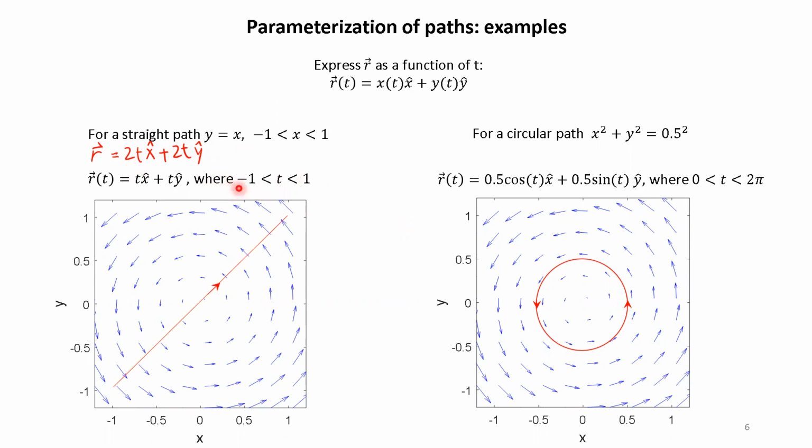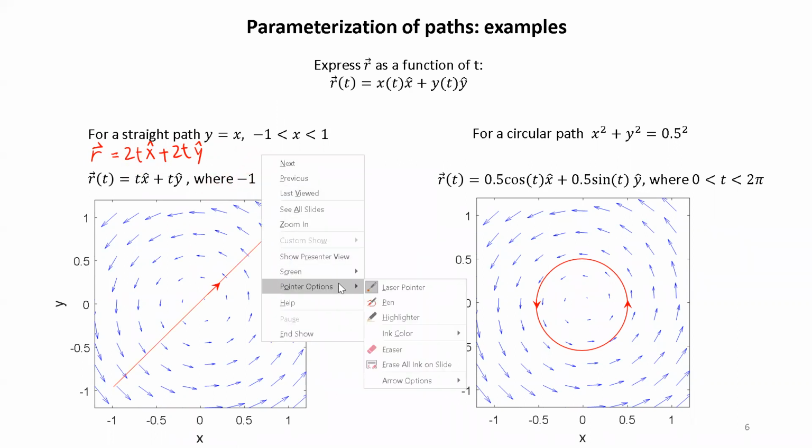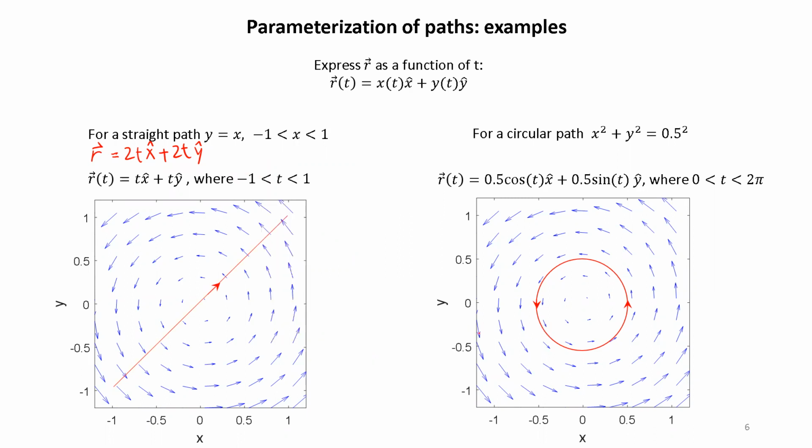So then you need to go from minus 0.5 to 0.5, if you want to put this one as your r as a function of t. And you realize that no matter whether you pick this one or this one, the line integral, the integral of F dot dr that you calculate at the end, should be the same.